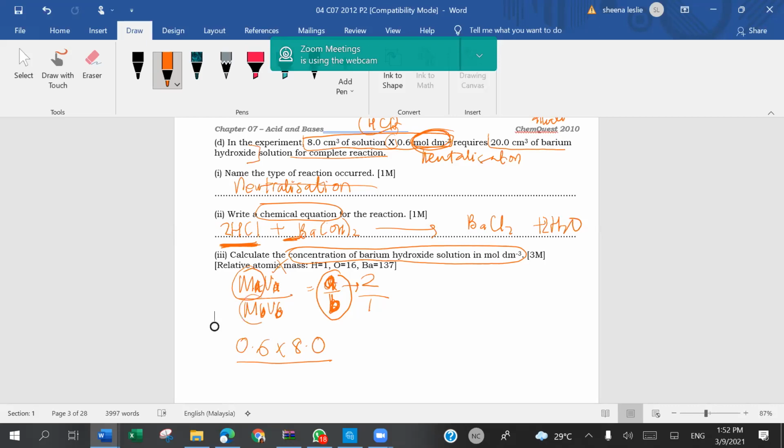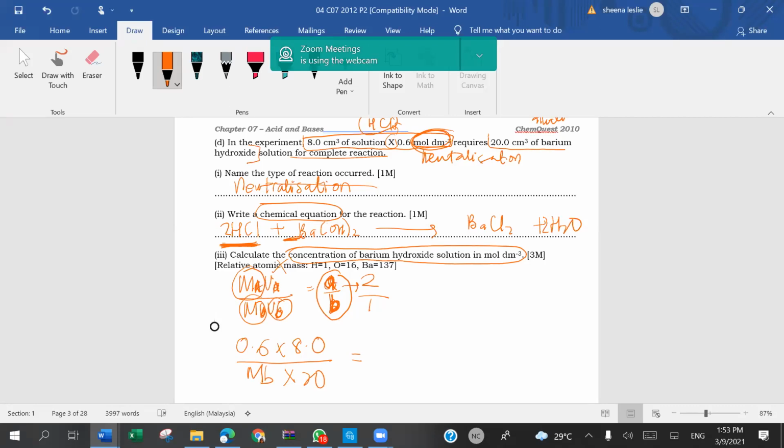My MB here. Actually the question is asking me to find the MB, so the teacher doesn't know, it's an unknown. So teacher is going to times, what is my volume for my base? Answer is up there. 20. 20, correct, Munira.